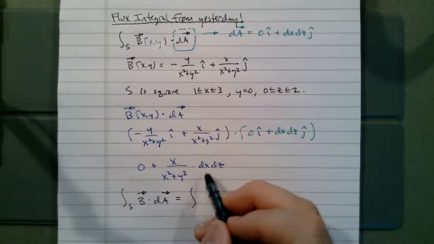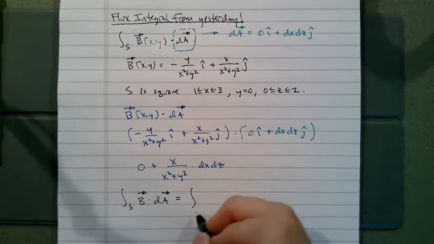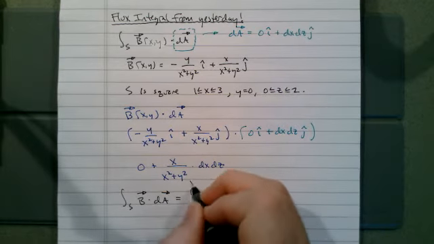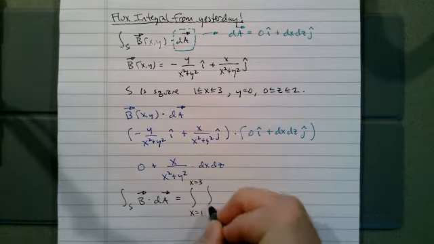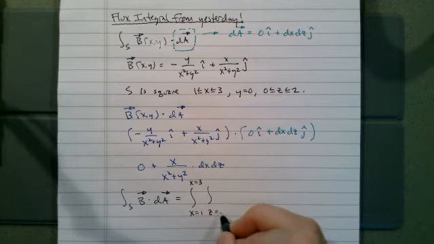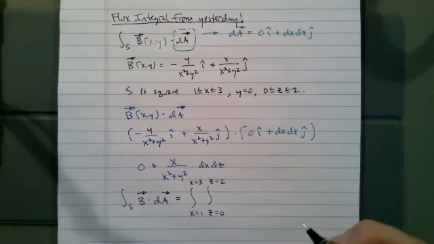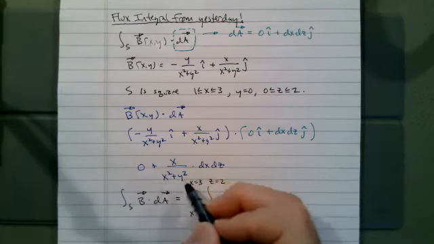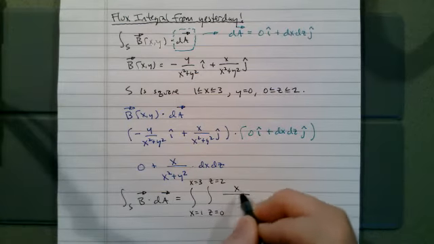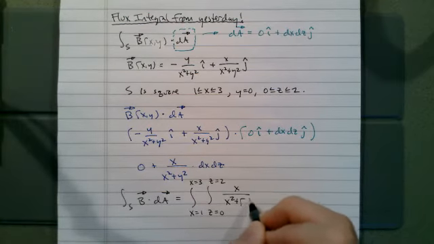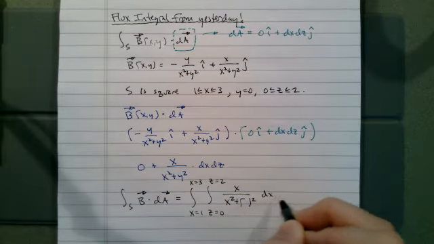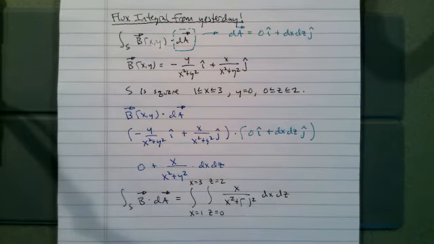I could keep this order, dx dz, where x goes from 1 to 3. These are both constants, so I don't have to worry about it. I can switch the order pretty easily. And then we're going to have x over x squared plus y squared dx dz.